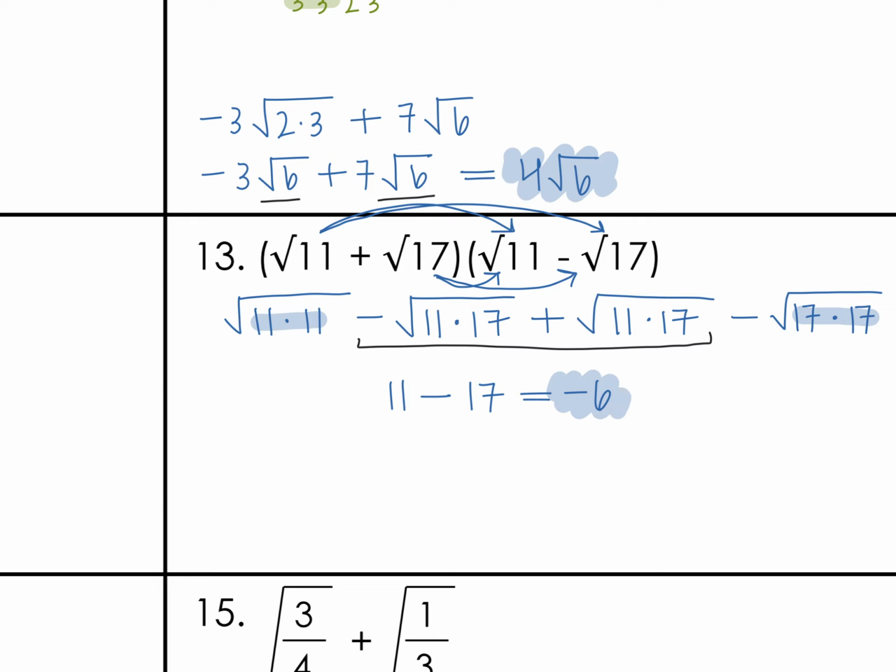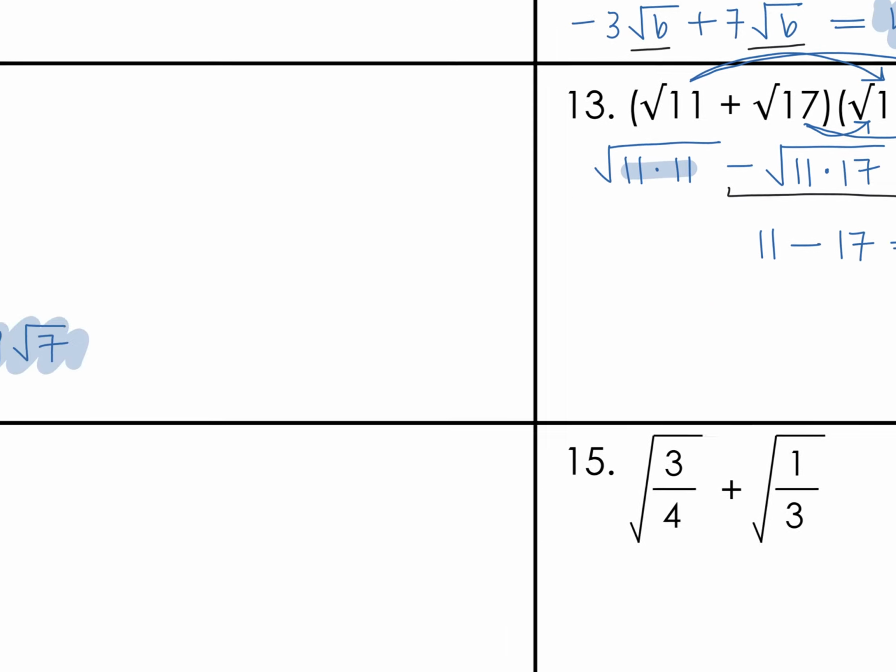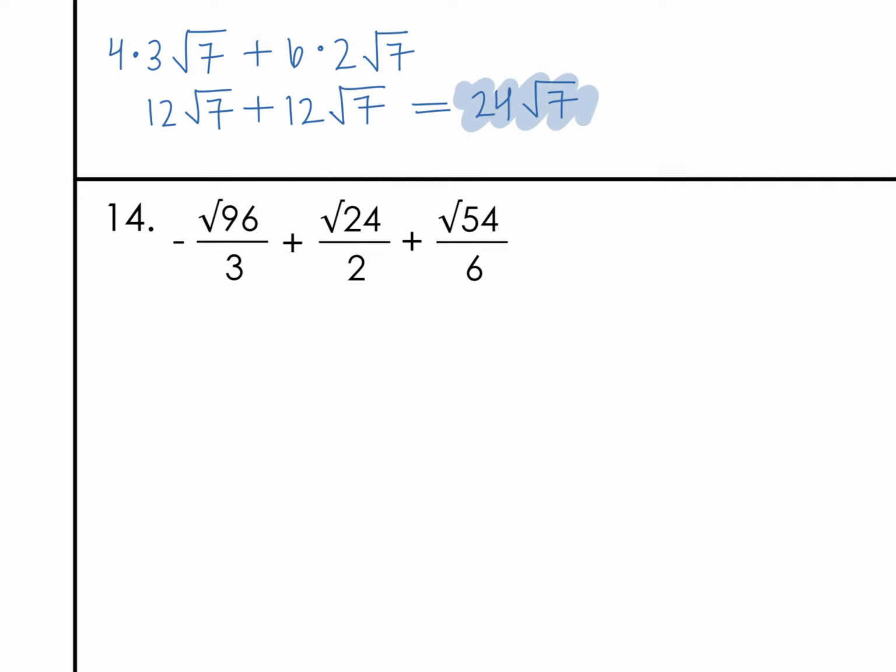Okay. Moving on to number 14, we have negative square root of 96 divided by 3 plus the square root of 24 divided by 2 plus the square root of 54 divided by 6.